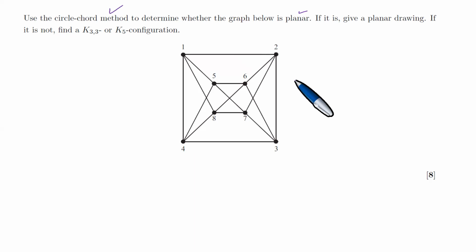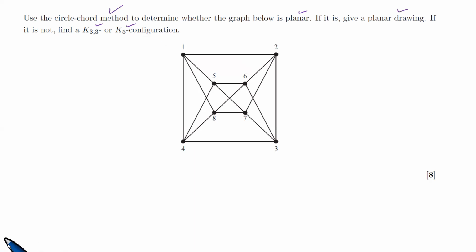This you can expect to find tomorrow. If it is, give a planar drawing. If it is not, find a K33 or a K5 configuration. We discussed this and I want us to discuss this because it's extremely important, but it's way too easy. And I've made the graph available at the back.